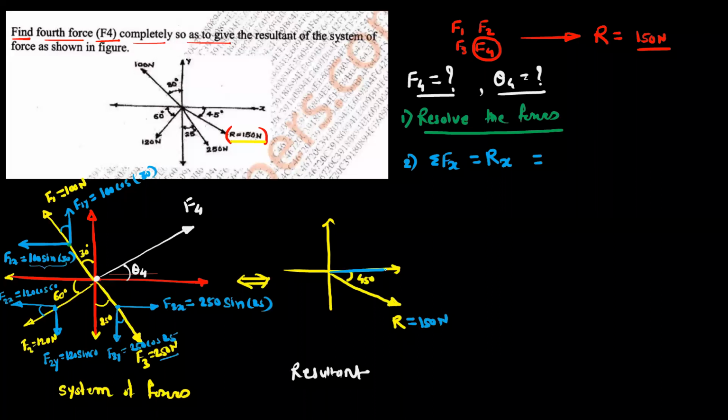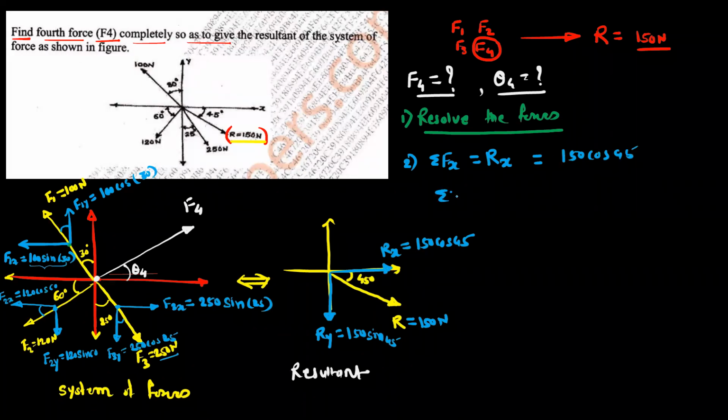This is the x component of the resultant, which is Rx, and this is the y component of the resultant, Ry. Rx is equal to 150, it is adjacent to 45 degrees, so it is 150 cos 45, and Ry is equal to 150 sin 45.